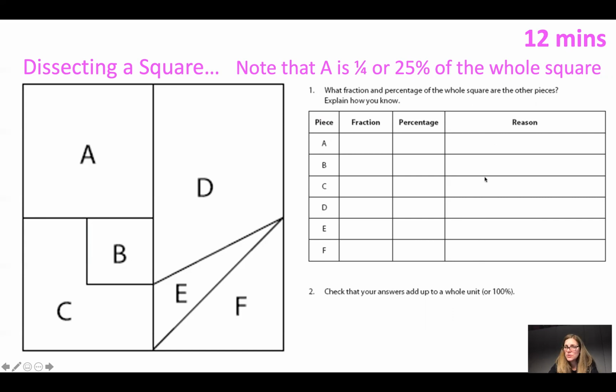And I also want the reason why. Okay, and look at what it says, question 2. Really important to check your answer by adding them together and to see if your fraction sums to a whole and your percentage sums to 100%. Good luck.